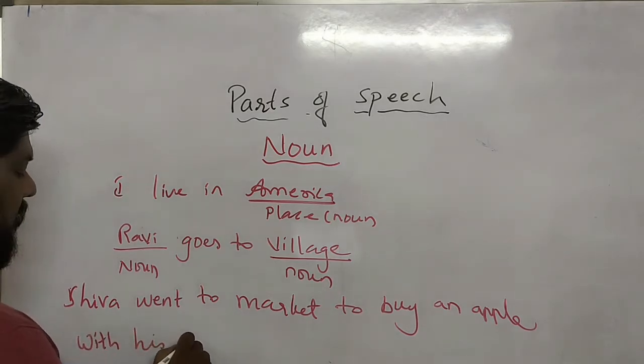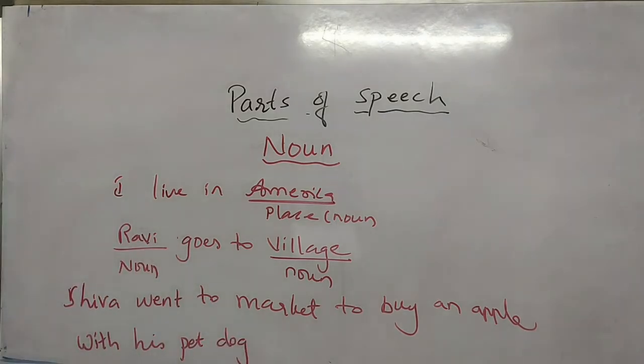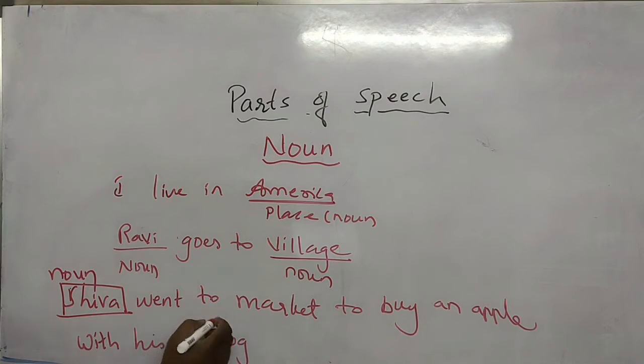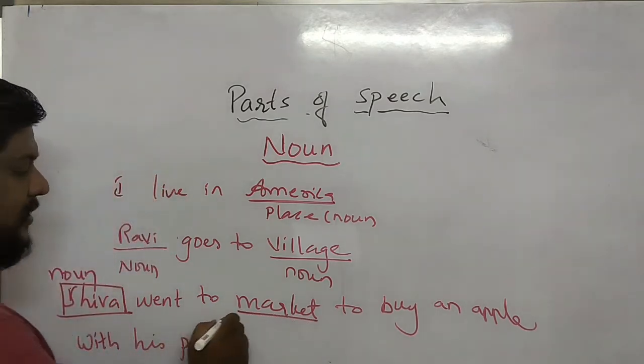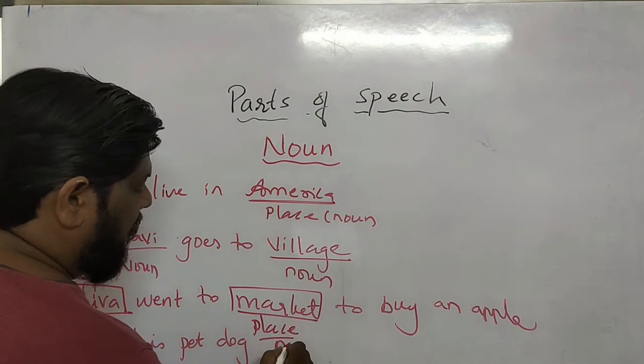with his pet dog. I have written a sentence here: Shiva went to market to buy an apple with his pet dog. Here Shiva is a noun because it is the name of a person. Market is a place, so again this is a noun.